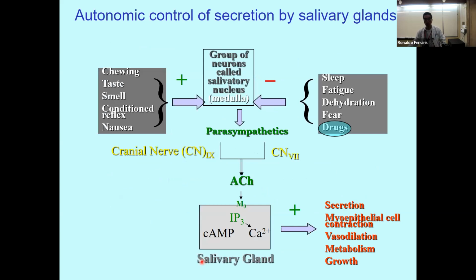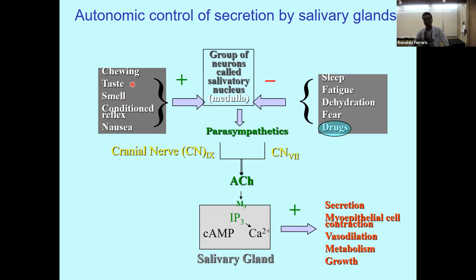So how do you control secretion of your saliva? So here we talk about the parasympathetic nervous system. So these are activities that stimulate salivation. These are activities that inhibit salivation.